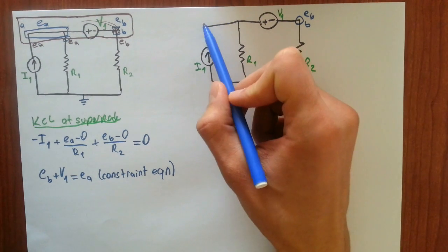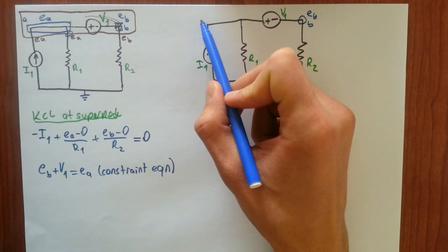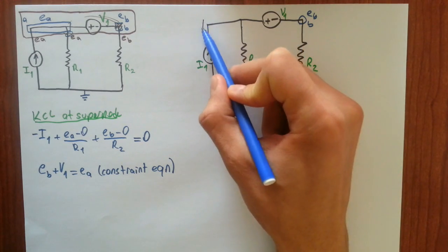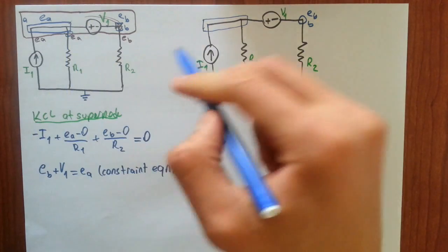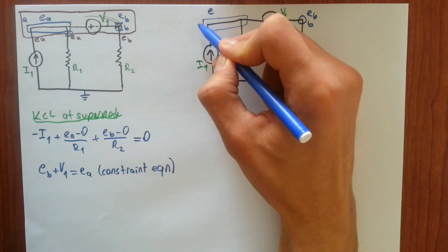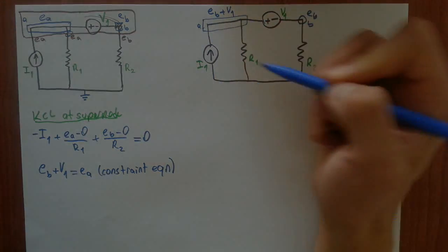Instead of saying that this node has a node voltage of EA, we can directly write that node A has a node voltage of EB plus V1.